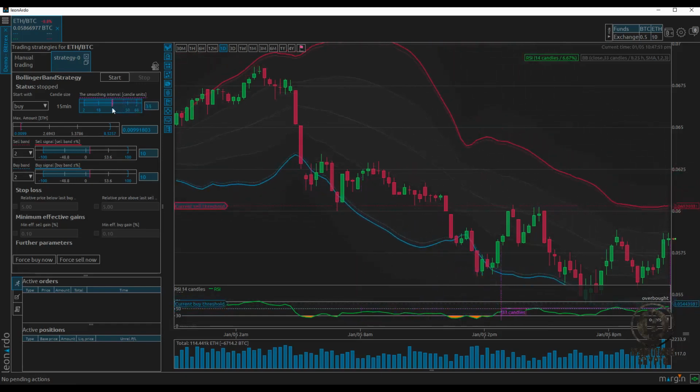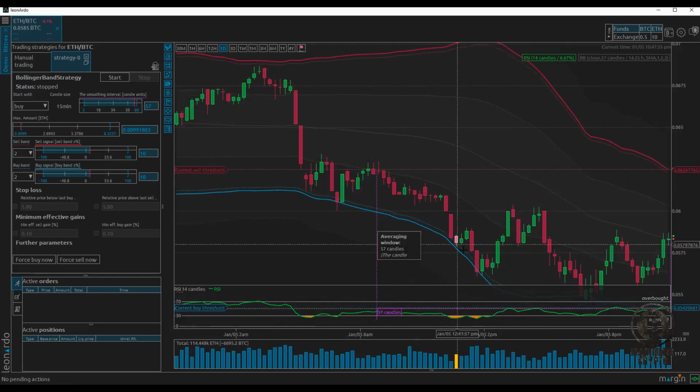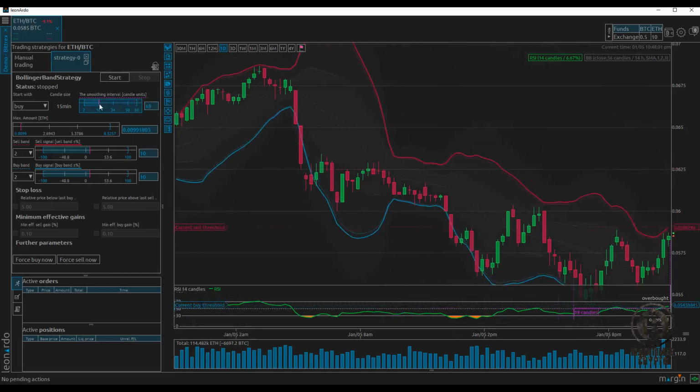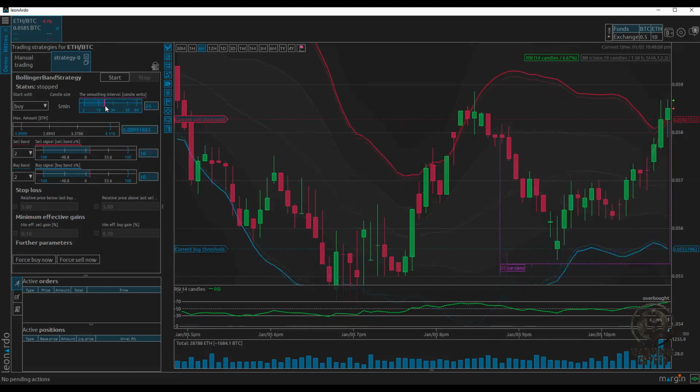Obviously the longer it is, the longer it's going to take for it to actually change. Obviously, if you reduce the time frame, so if you're just going to use 5-minute candlesticks, you're going to have the same effect.